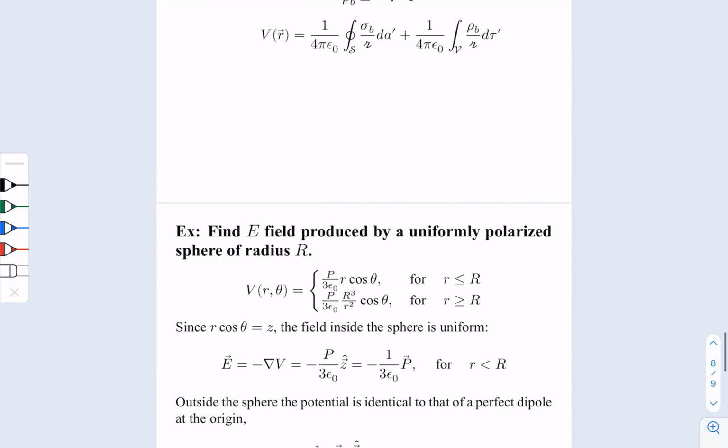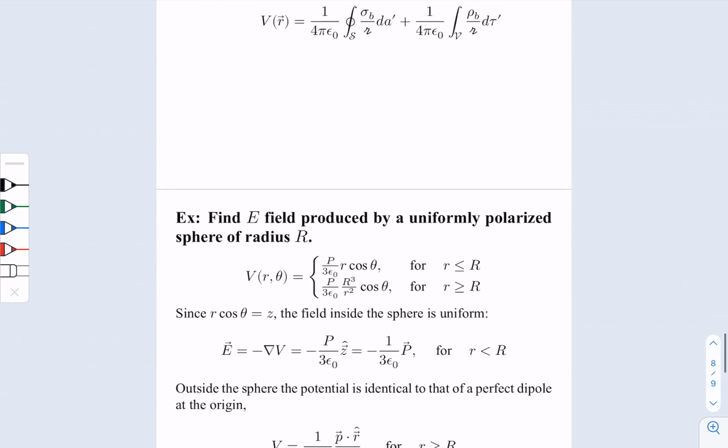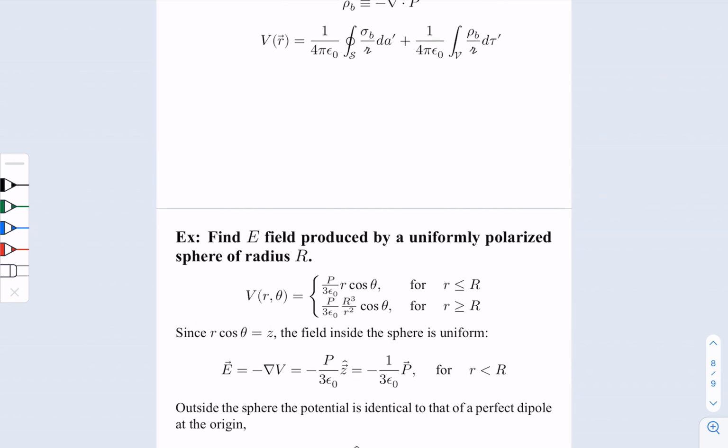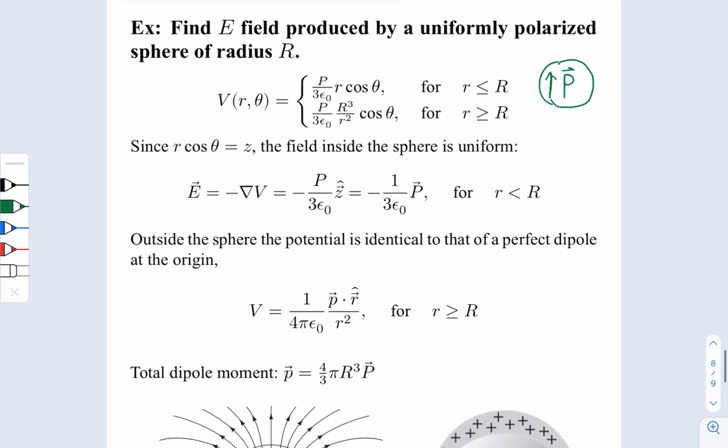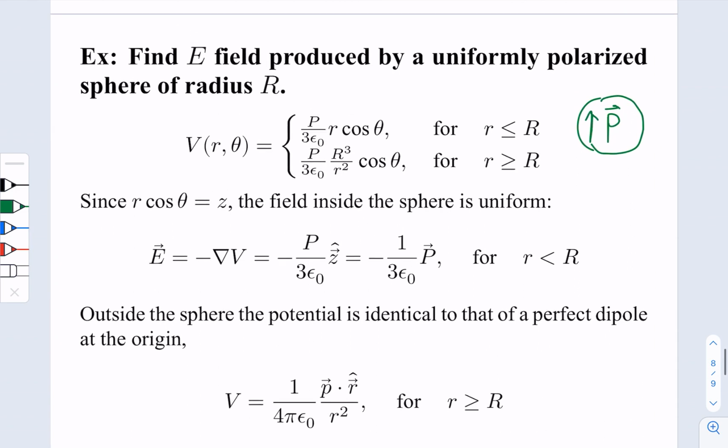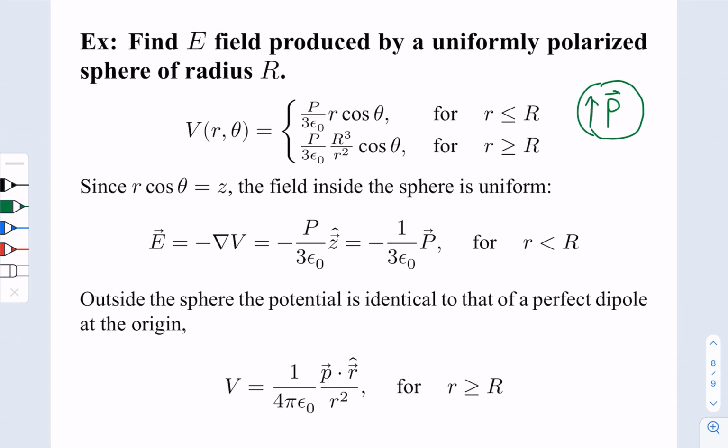Now let's try to go through an example. So here, this example is asking to find the E field produced by a uniformly polarized sphere of radius r.